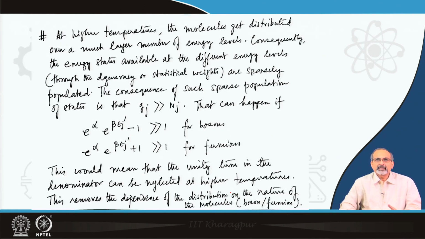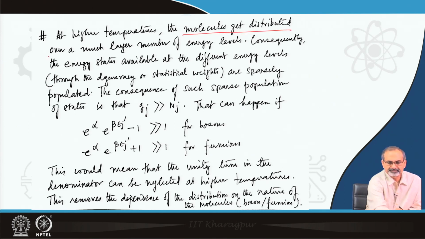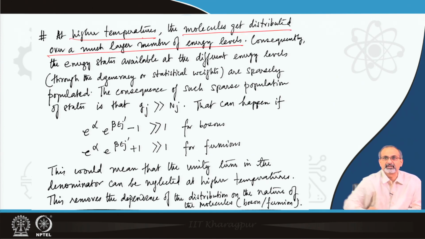Now, at higher temperatures, what happens is that the molecules get well distributed over a much larger number of energy levels. So, that is typically the behavior for high temperatures. High temperatures include temperatures that we see under normal conditions, mentioned as room temperature. Consequently, the energy states available at the different energy levels, which are of course defined through the degeneracy or statistical weights, are sparsely populated.